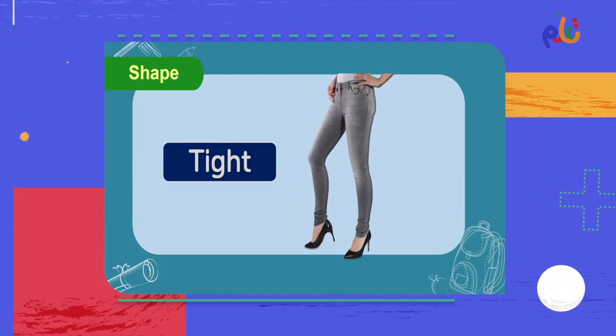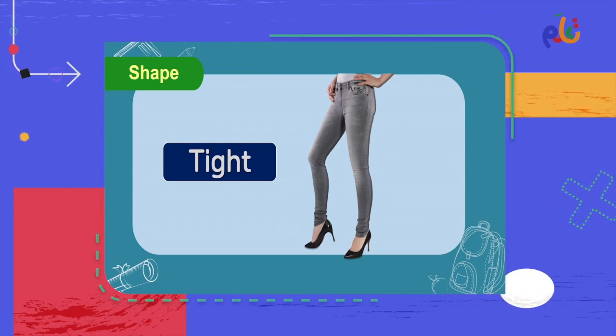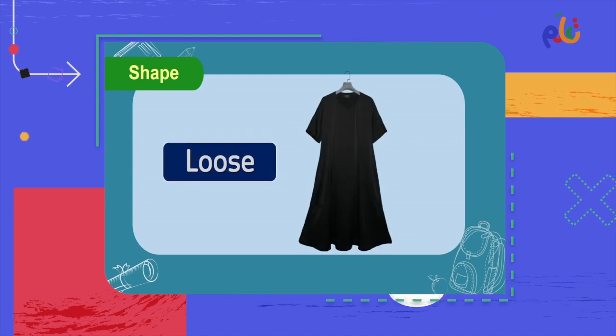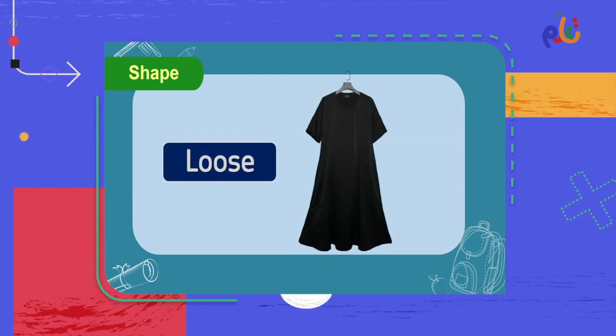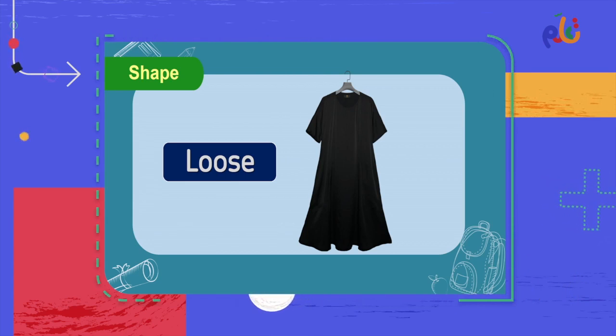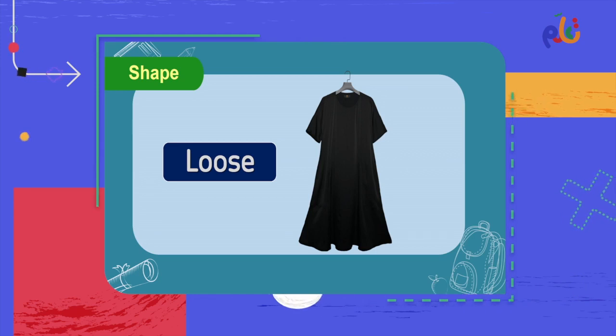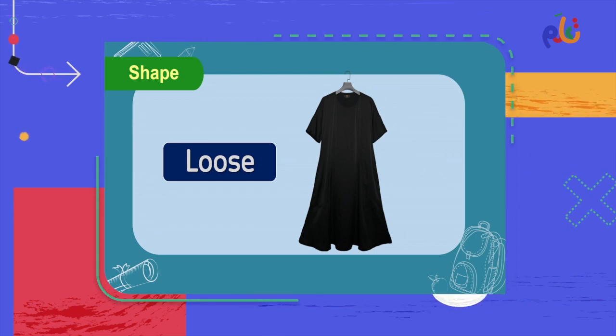And we have tight. Tight الحاجة اللي بتبقى مجسمة أو ماسكة. So we call it tight. And the opposite of tight is loose. Loose الحاجات اللي بتبقى واسعة أو مش ماسكة على الجسم. So we have tight, which is very, very small and it is stuck to the body.